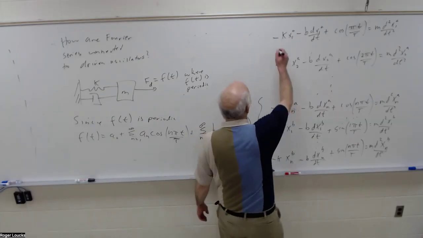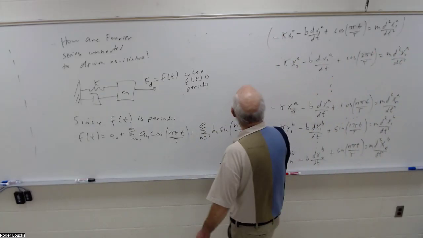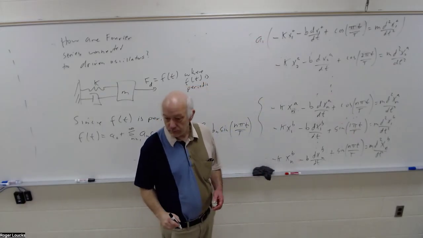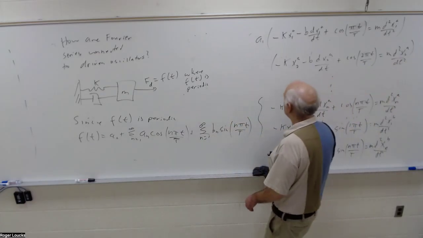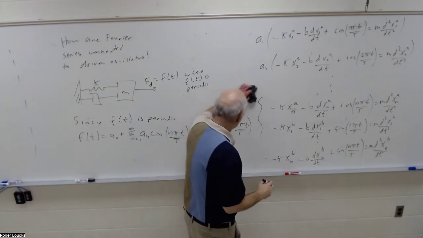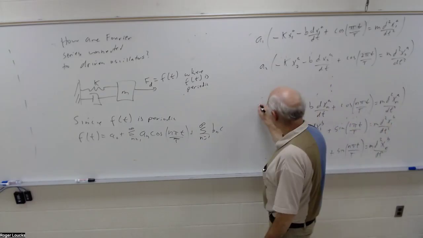I could take this term here. And what can I do? I can maybe multiply that by the A1 coefficient that I know what it is. I can take this expression here and multiply this whole thing by the A2 coefficient. I could take this equation here and multiply this by the An coefficient.